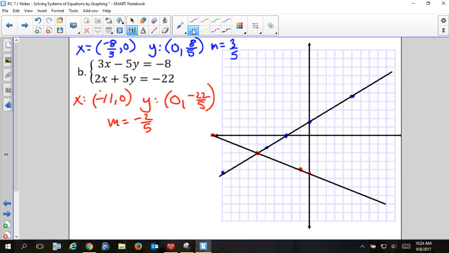So here's another thing about graphing that's just kind of hard: if the answer is a fraction answer, if it crosses at a fraction, how are you ever going to find it? There's fractions on this graph somewhere. I would use a different method to find it, which we'll do next week.